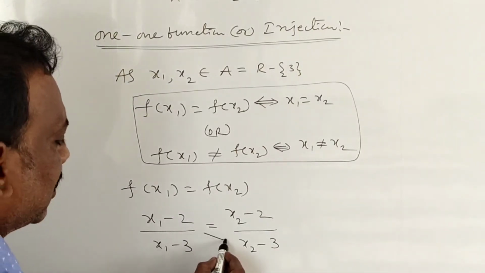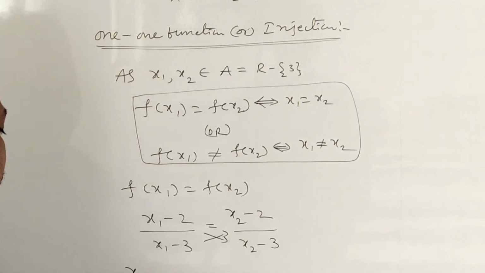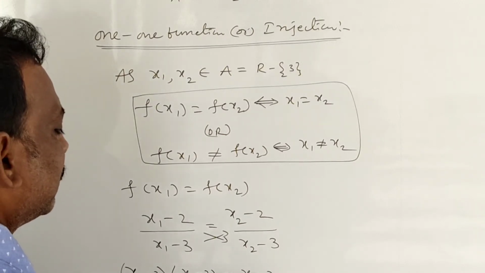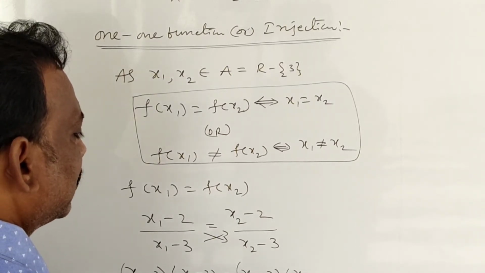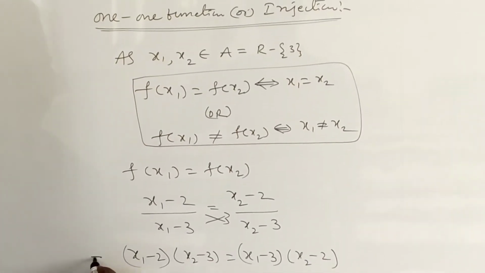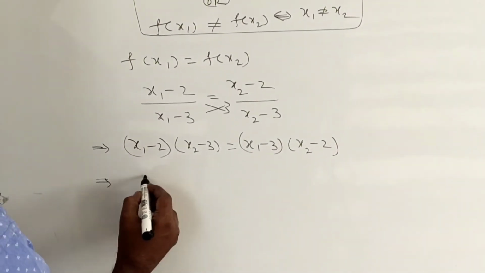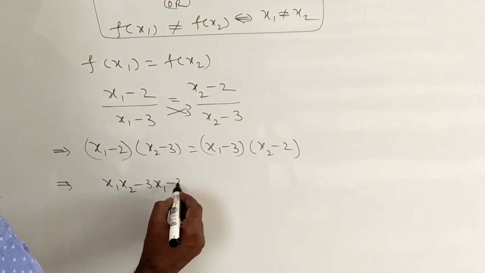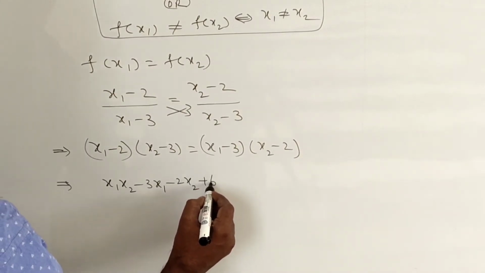Take cross multiplication here. So x1 minus 2 into x2 minus 3 is equal to x1 minus 3 into x2 minus 2. You can simplify the problem. You will get x1x2 minus 3x1 minus 2x2 plus 6.